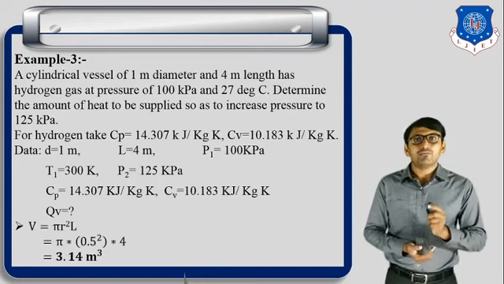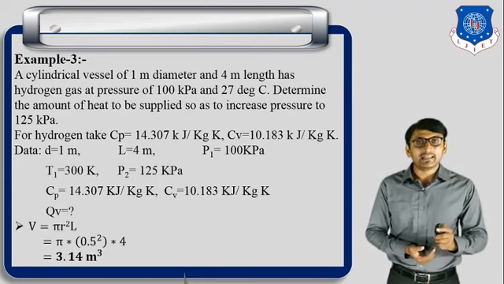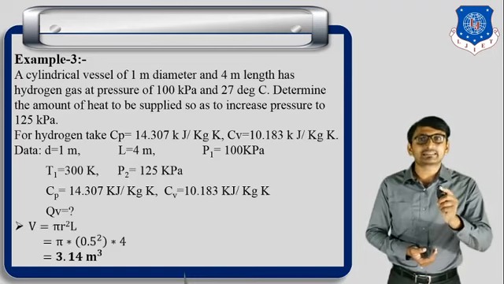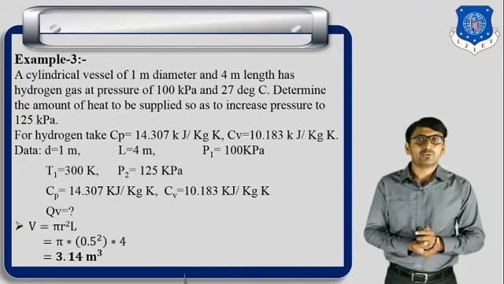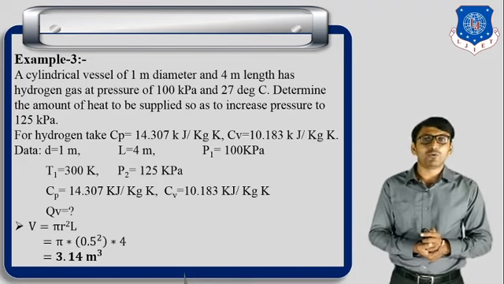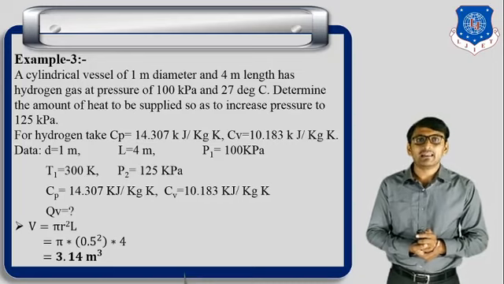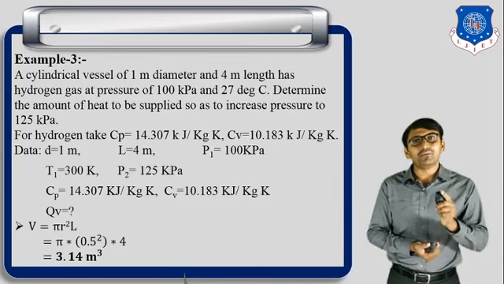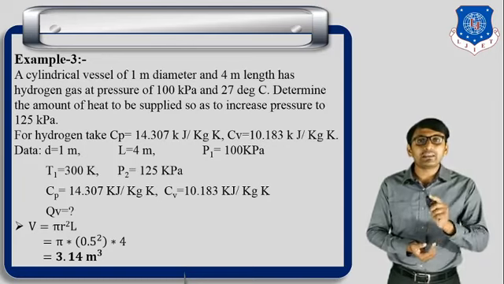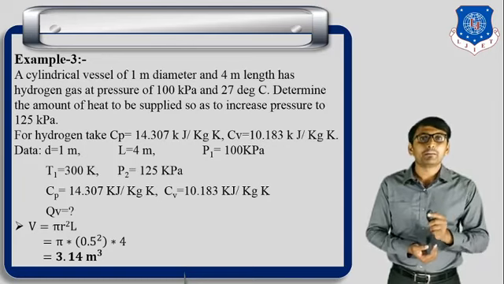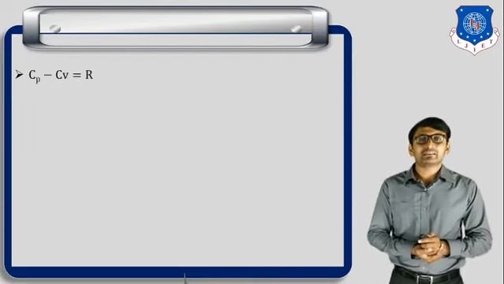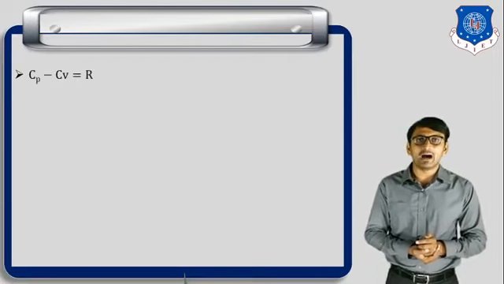So first, volume of cylinder, that is pi r square L. So pi, r 0.5 and L 4. By putting value we get 3.14 meter cube.